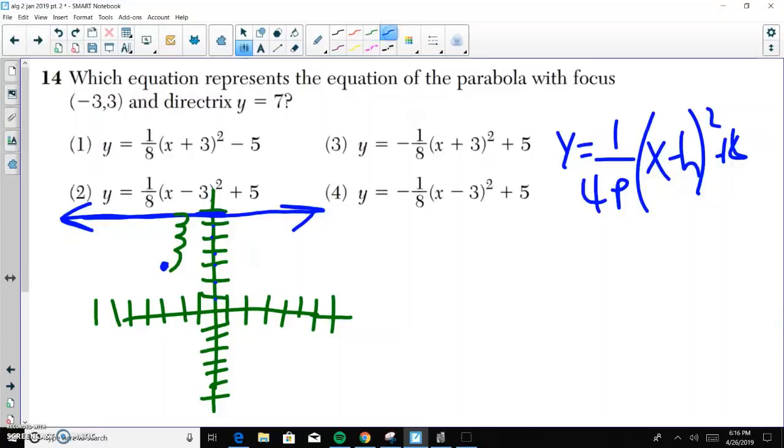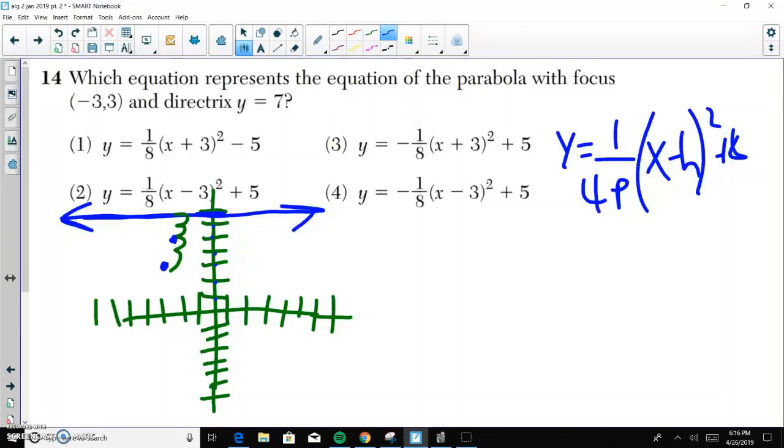So in the middle of 4, so 4 divided by 2 is going to be 2. So in the middle is going to be 2. So count 2 spaces from the focus to get to the vertex. 1, 2. Okay.